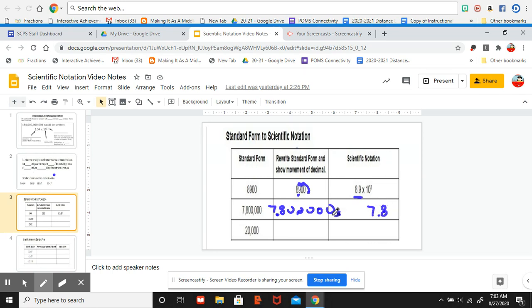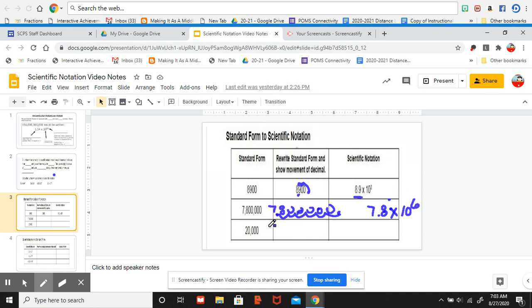And we're going to move that decimal 1, 2, 3, 4, 5, 6 places. And then we're going to put our second factor, base 10. How many times did we move that decimal? We moved it 6. Why is it a positive exponent? Because that's a really big number.